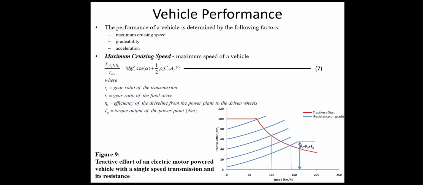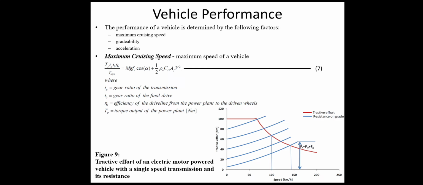The maximum speed of the vehicle is determined by the equilibrium between the tractive effort of the vehicle and the resistance, and the maximum speed of the power plant and gear ratios of the transmissions. Here the resistance is between the tire and the road.